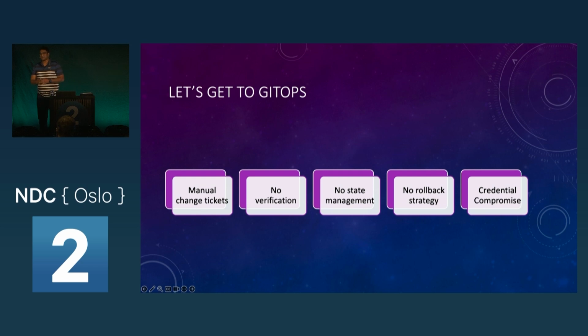Enhanced security. As we talked about credential compromise being an issue, instead of using credentials for someone to log in, you use API keys, which scope down to exactly what change you need to do. You can give control to a particular domain or a particular scope, and that means you don't give the keys to the kingdom to a single person. Easy rollbacks.